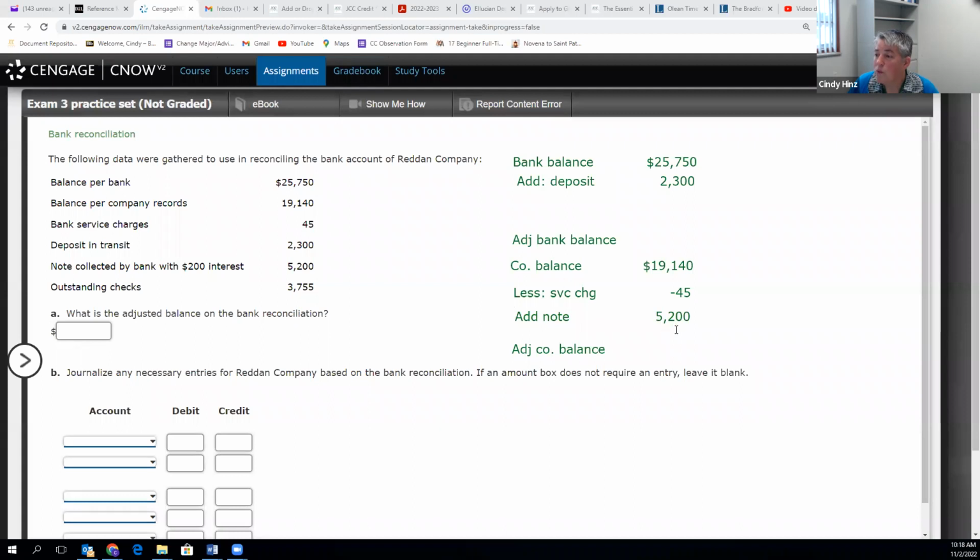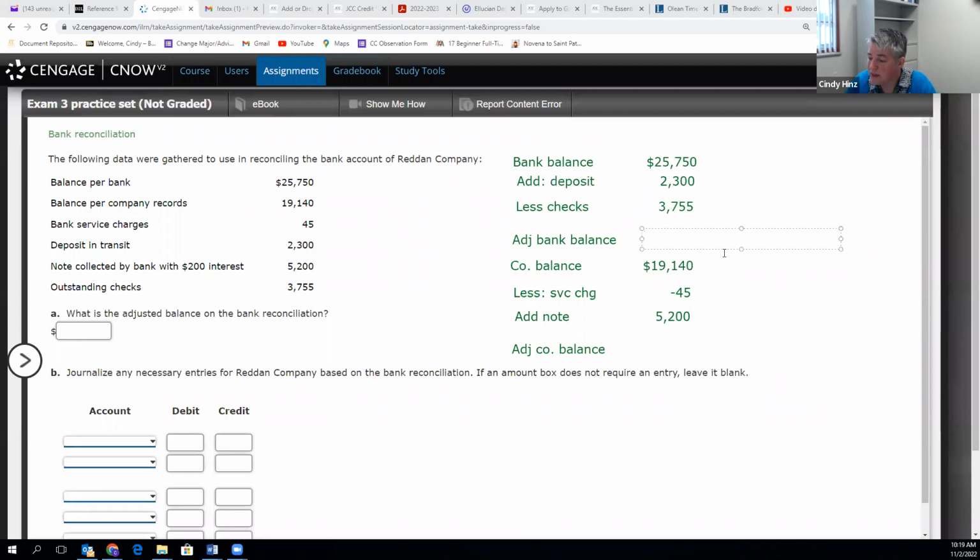And so we knew this note existed, but we didn't know that the bank had collected it, that our customer had paid the bank and they put it in our account. And then finally, we've written some checks that whoever we wrote them to, the payee, hasn't cashed them yet. And so the bank still has that amount, $37.55, in our account, though we already know we spent it.